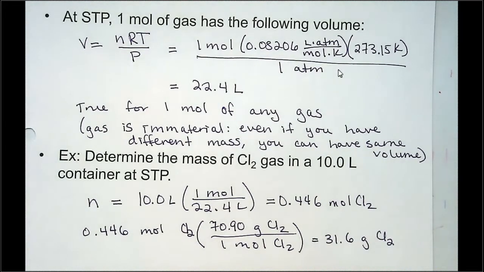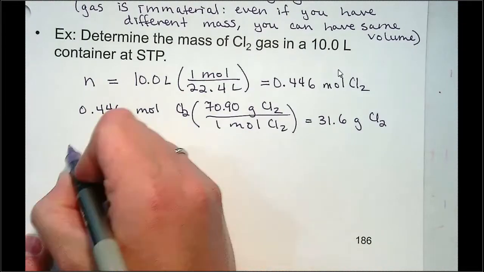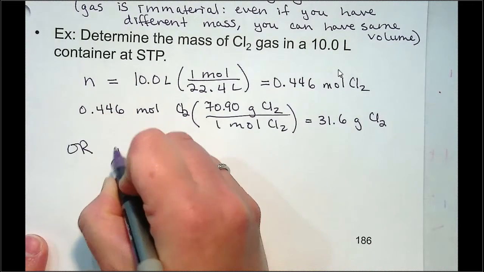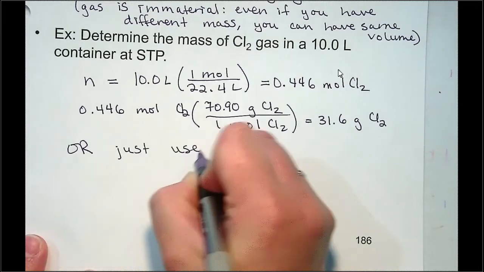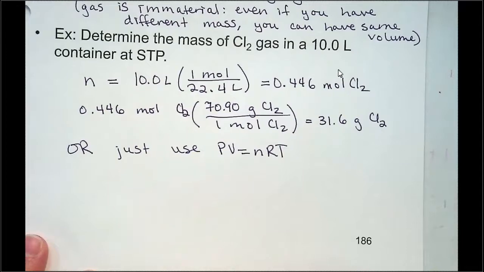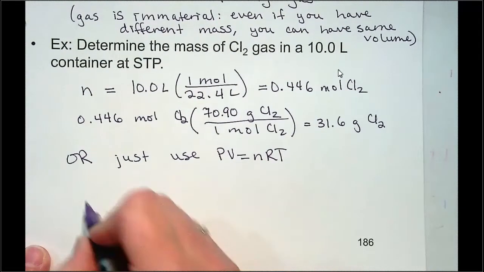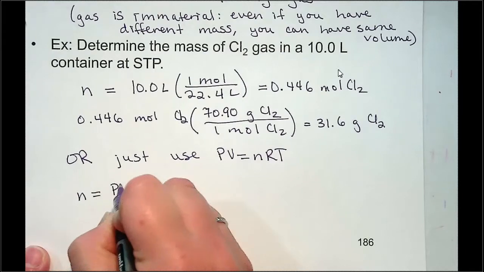If it's annoying to you to have to think about this conversion factor in addition to the many others you've used so far, then don't worry about it. Or just use PV=nRT and solve for n using the conditions at STP. So n is equal to PV over RT.